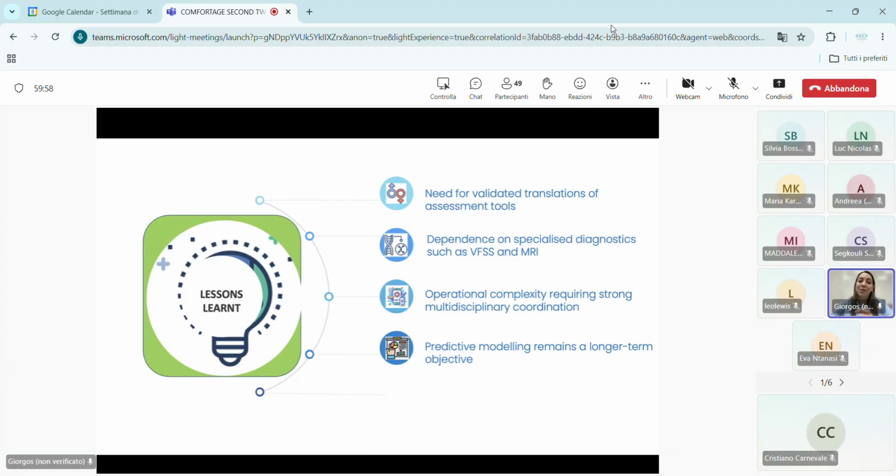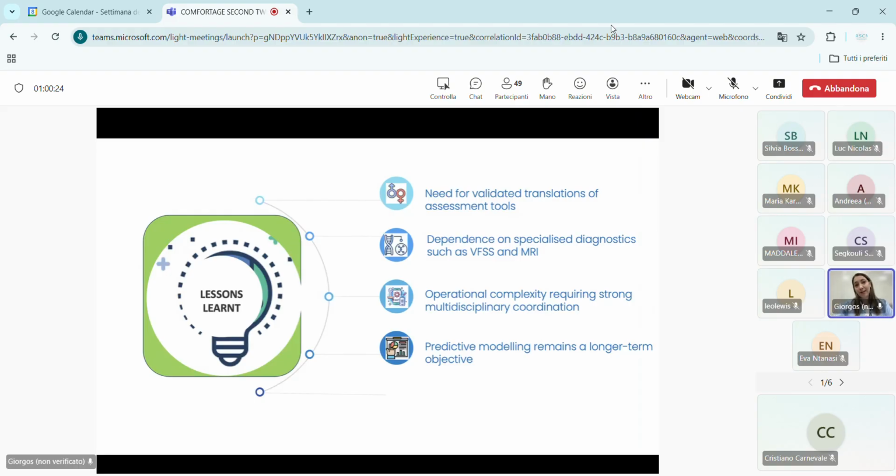Here are the lessons learned. As Greek pilots, we've seen that we need the validated translations of assessment tools, because some of them were not already translated in Greek. So we combined our powers in terms of the common language. We also need the VFSS and the MRI.